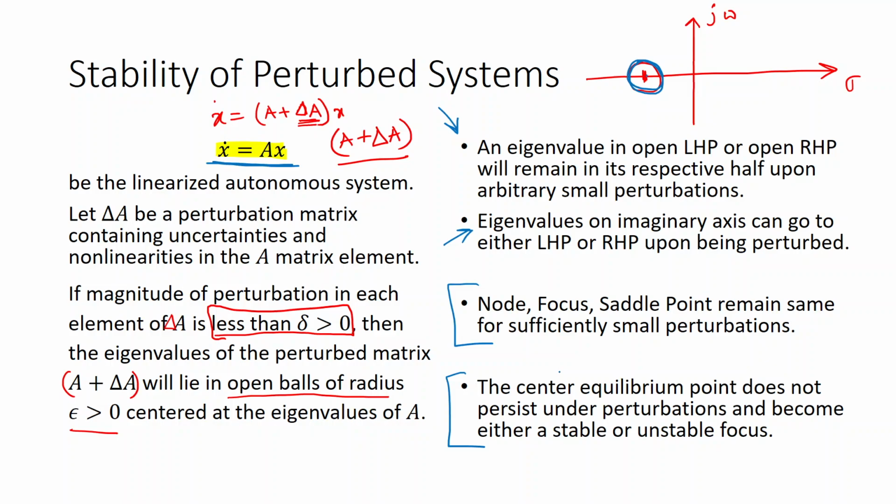So in this case, you will not be able to conclude about the nature of the equilibrium point by studying the equilibrium point of the linearized system. However, if the linearized system exhibits equilibrium points which are node, focus and saddle point, then the perturbed system will also have the same type of equilibrium points.